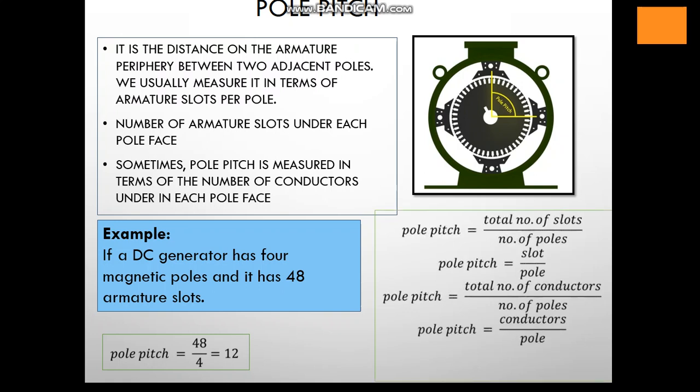Pole pitch is equal to total number of slots divided by number of poles, or simply slots per pole. Another formula, in terms of conductors, is total number of conductors divided by the total number of poles, or simply conductors per pole.